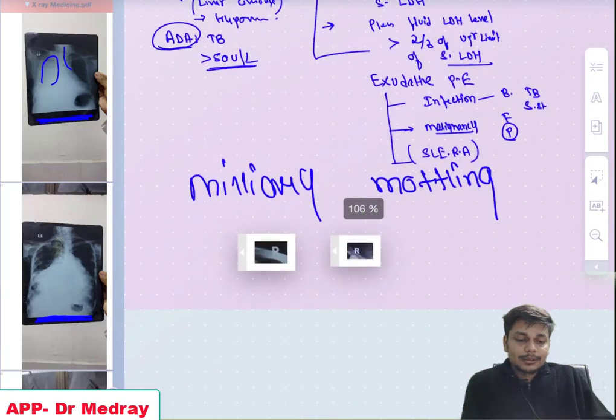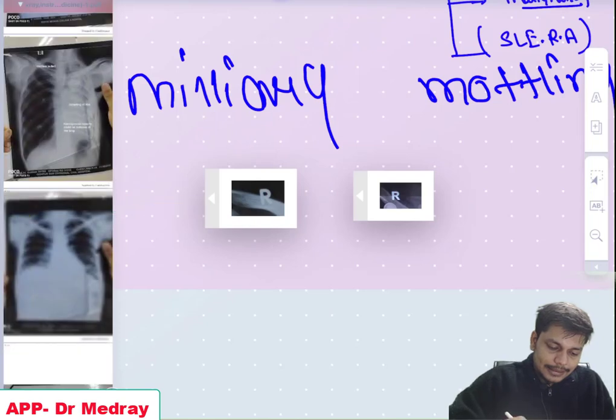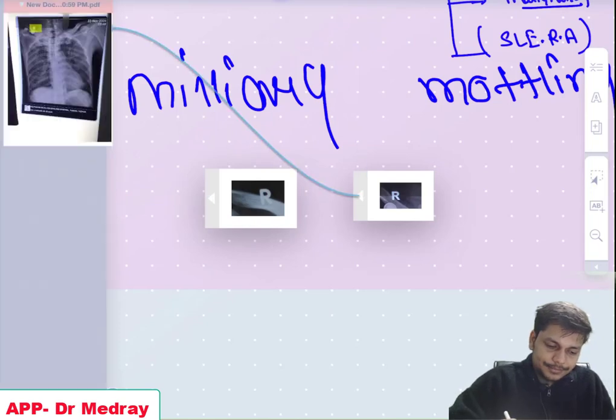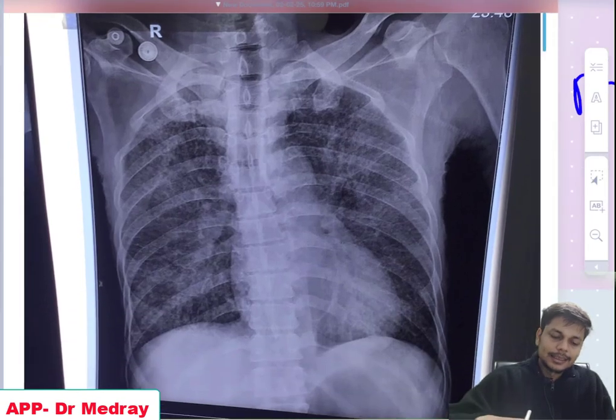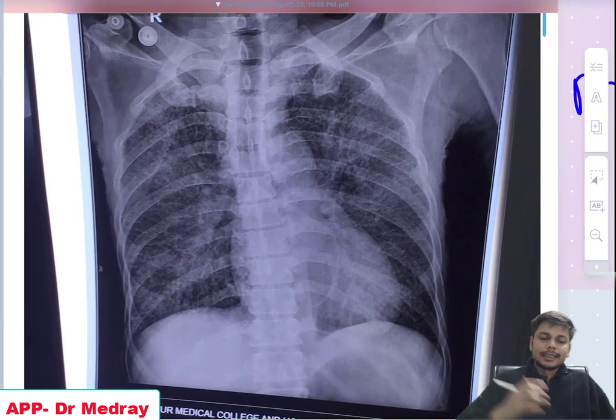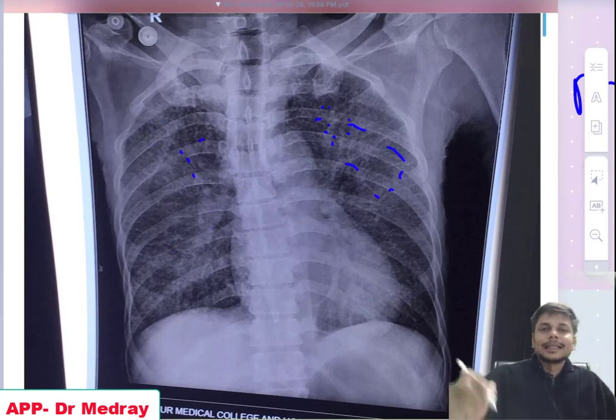Now let us discuss about the miliary mottling. Can you see this X-ray and describe what is this X-ray? This is an X-ray which is showing miliary mottling. How to identify? Can you see small discrete nodules of around 1 to 5 millimeter, which are dispersed in both the lung parenchyma bilaterally, symmetrically.